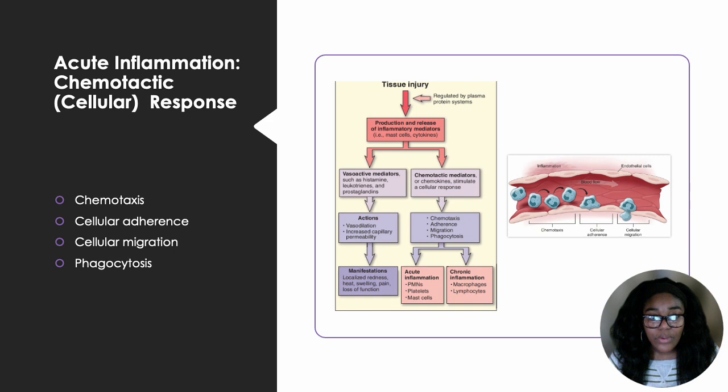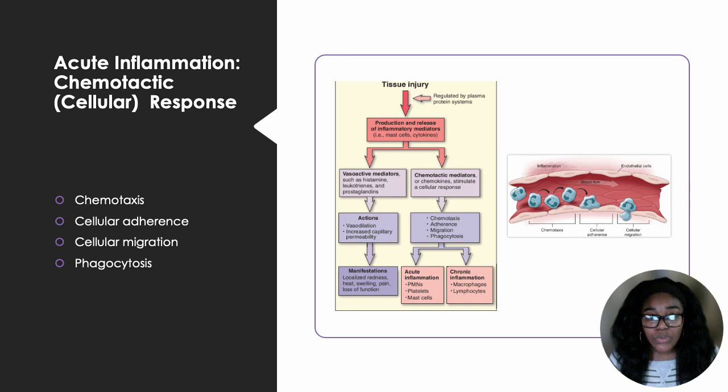Again, we have acute inflammation, and when we talk about acute inflammation, we'll see more platelets, mast cells, and PMNs. Those are all collective terms for white blood cells. And then we have chronic inflammation. When we look at chronic inflammation, we still have this chemotactic cellular response, but instead of seeing those PMNs, platelets, and mast cells, we actually see macrophages and lymphocytes going to that site of injury because it's happening over and over and over again.